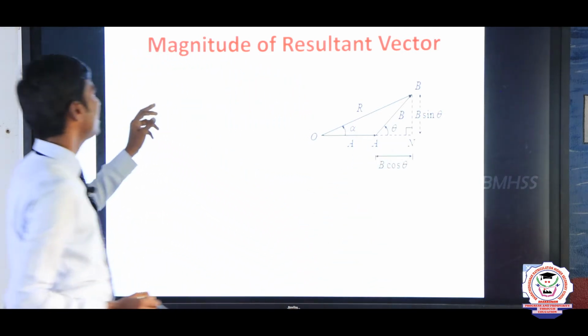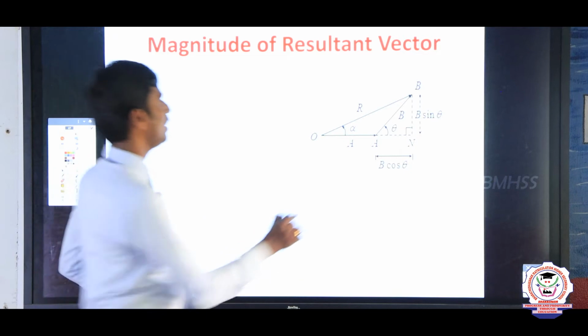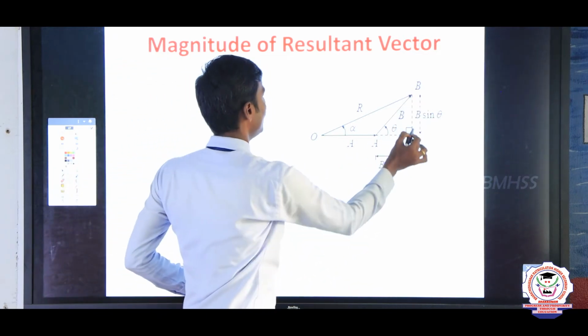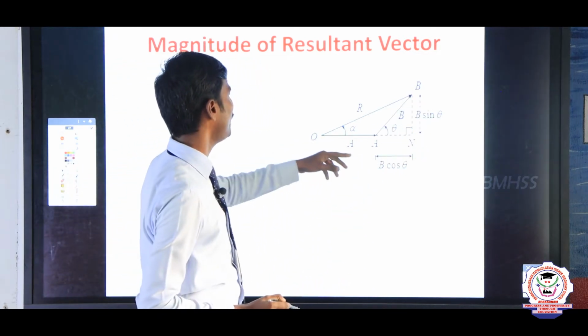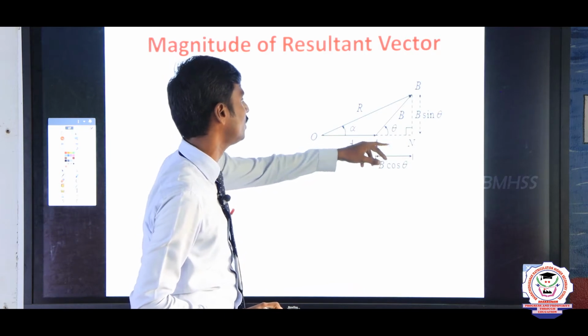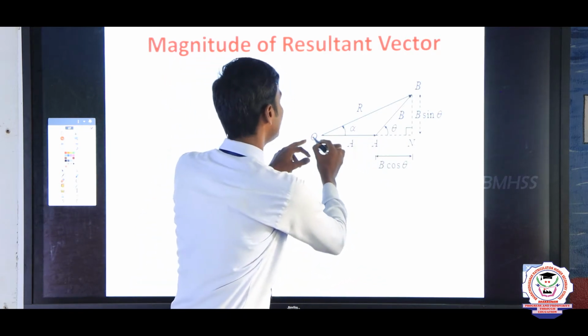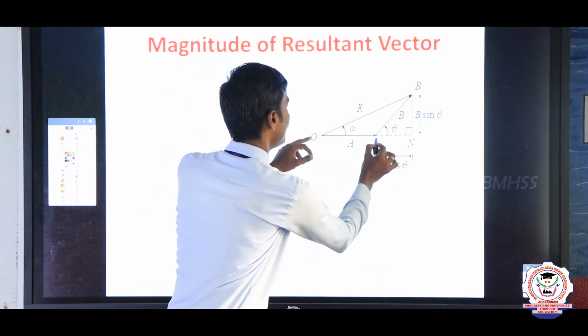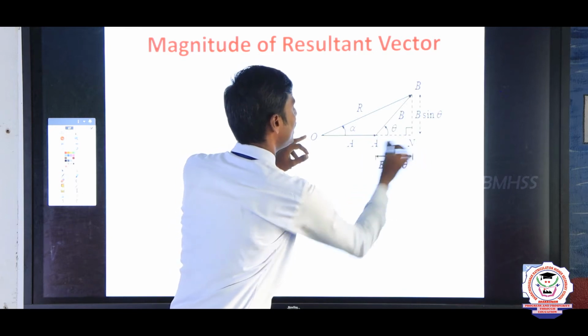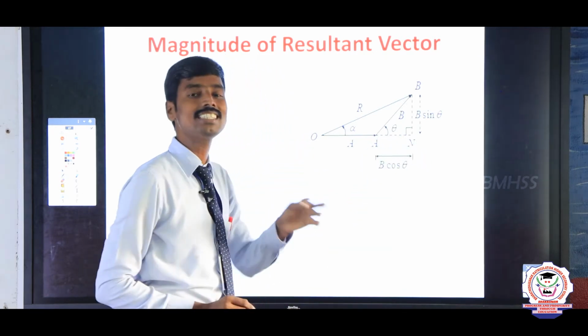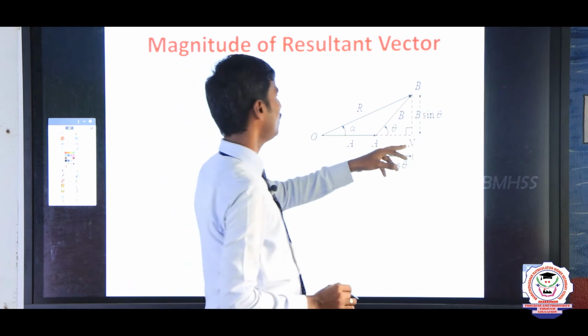Now consider a triangle ABN, which is obtained by extending the side OA up to N. That is called extending the side AN.